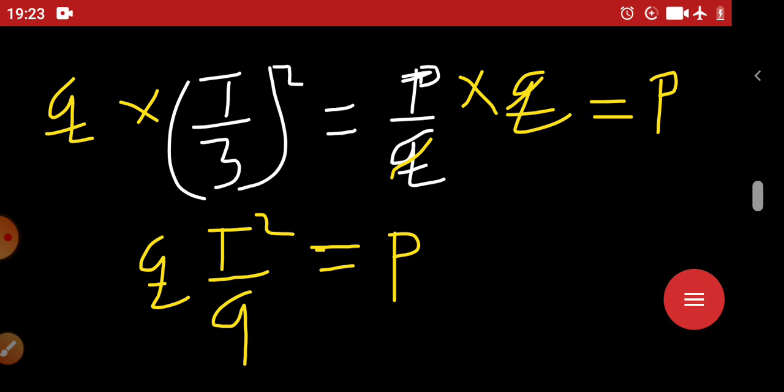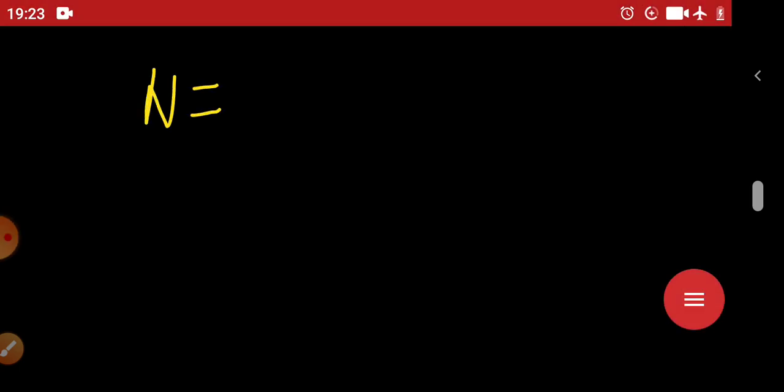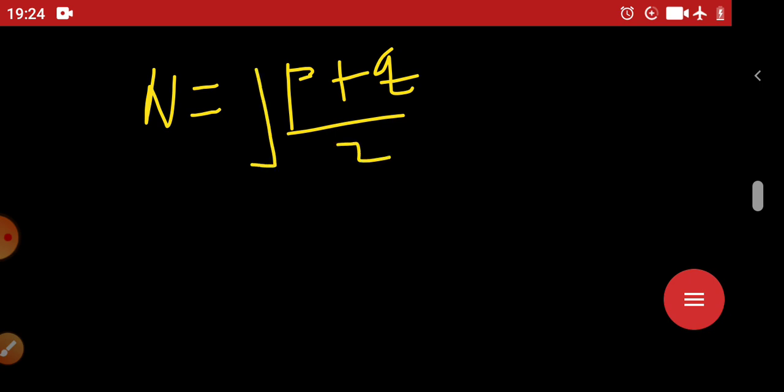So in e we have n equal to p plus q over 2 all under the square root.